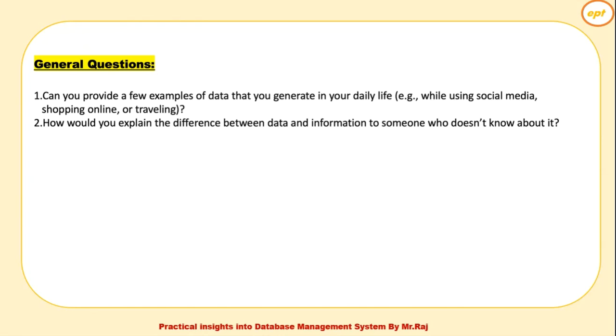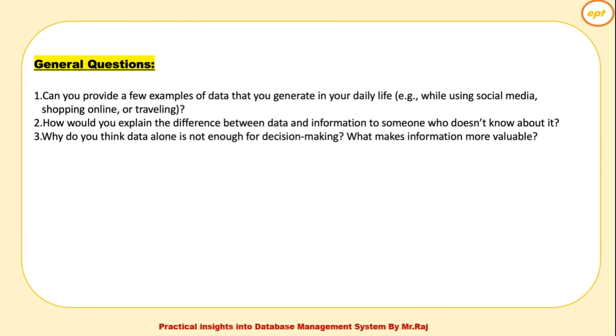And the next very, very important question: why do you think data alone is not enough for business decision making, and what makes the information more valuable? It is about the clarity, right? Simply, but I want you to answer these questions in the comment section. We will try to give the exact answer, but first you try to give me an answer in the comment section.